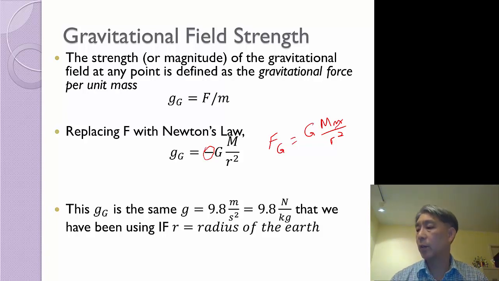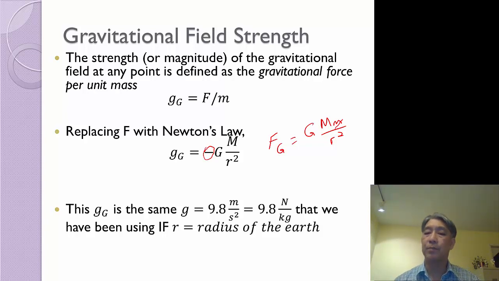This g that we calculate is given by capital G, 6.67 times 10 to the minus 11, times capital M over r squared. If I use the surface of the Earth and the mass of the Earth in this equation, I will find that lowercase g is about 9.8 meters per second squared. Another form I could use is 9.8 newtons per kilogram.